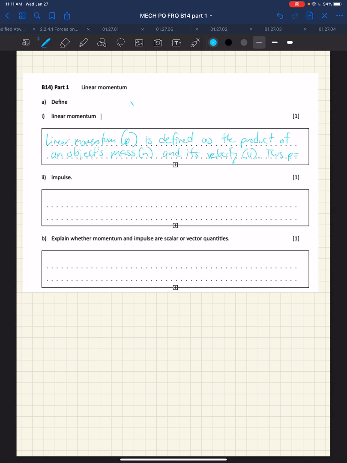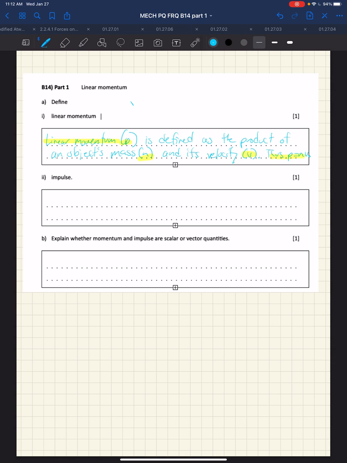Thus, P equals mv. So if you notice some of the tricks that we did here, whenever we mentioned a quantity in words, we put its variable in parentheses after it. And we end with explaining what the formula is.